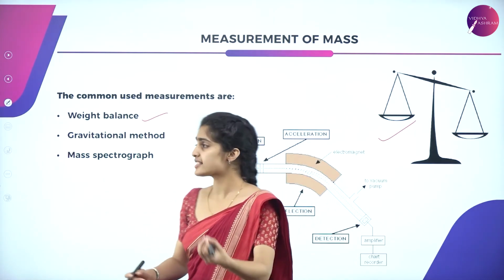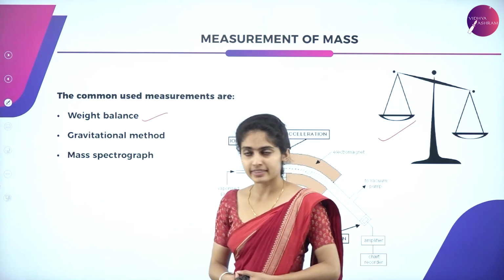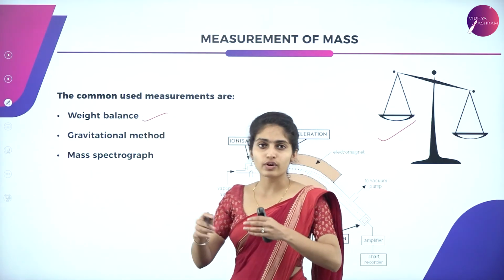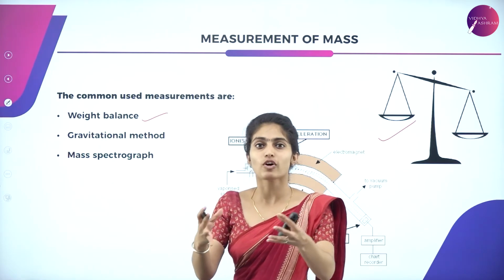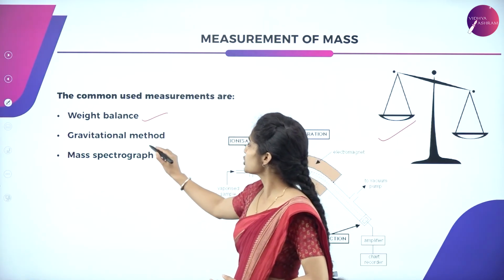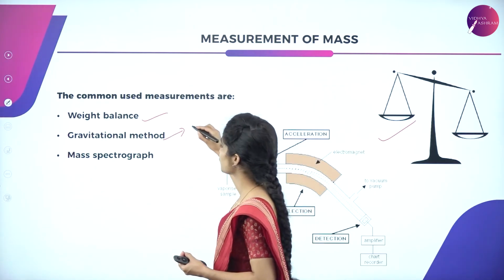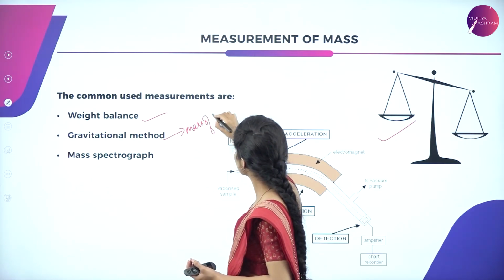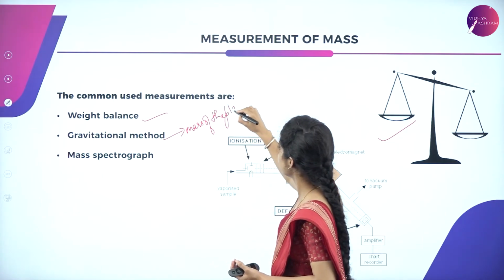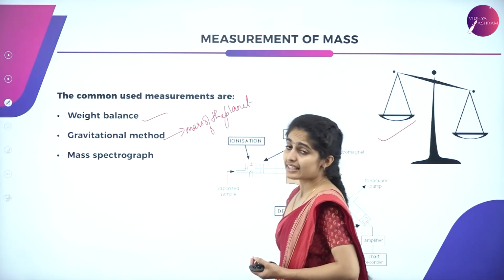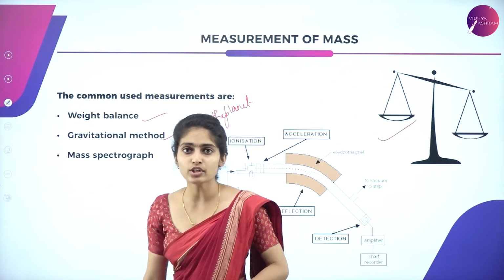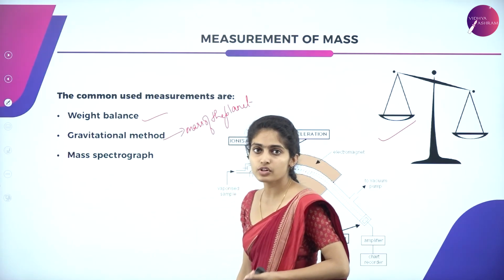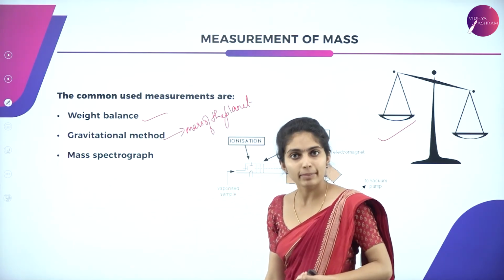Okay. So next is the gravitational method. This is used for objects of what size? Coming to the gravitational method, it is used to measure the mass of the planet. Gravitational method is the method used to observe the mass of the planets.